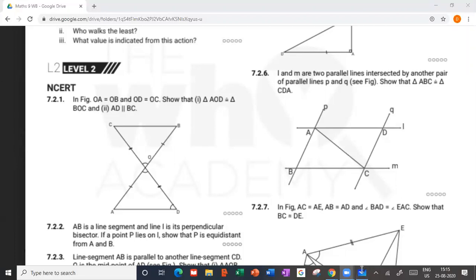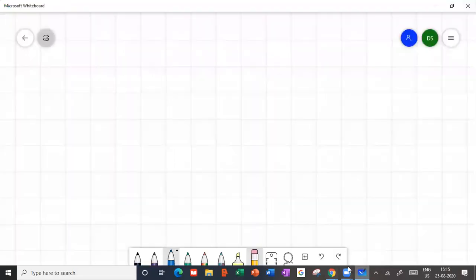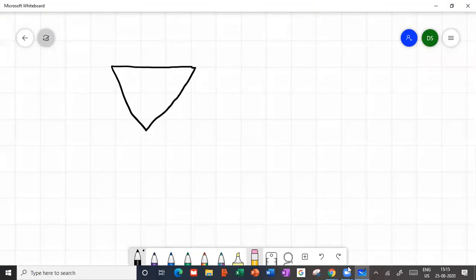Wait, instead of just saying, I'll quickly show it to you. So this is our figure. What is the labeling?